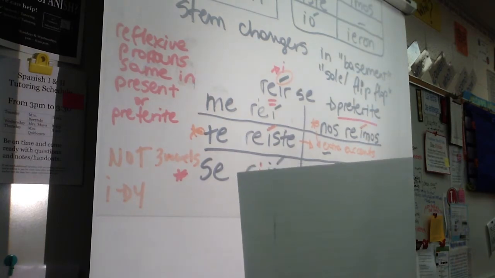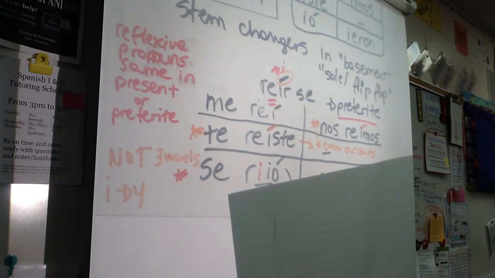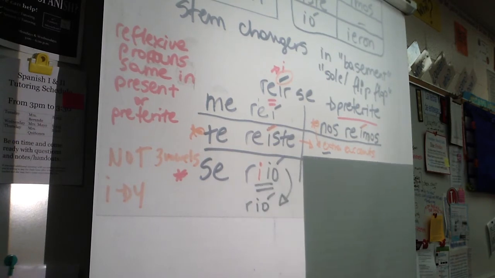I-O. Does that look odd though? Yes. Okay, so that's why we're going to fix it. And we're just going to drop one of those I's, so it's not three vowels. No I to Y changes. Just drop one of the I's. You can't have two I's in a row. It sounds like you're going to stutter if you say it equal, because you pronounce every vowel. You don't join or blend your vowel sounds.